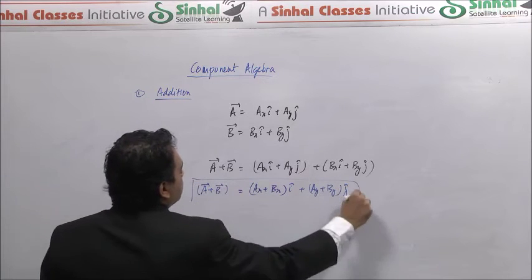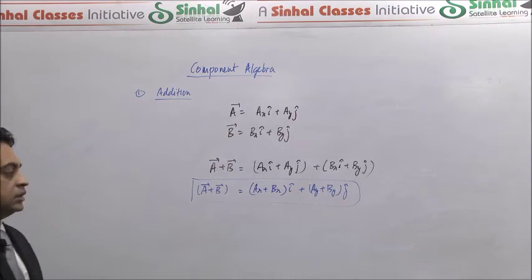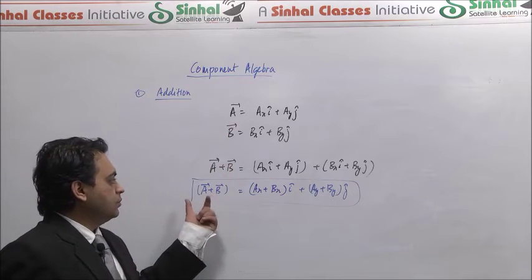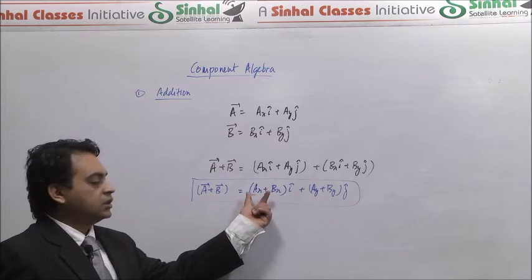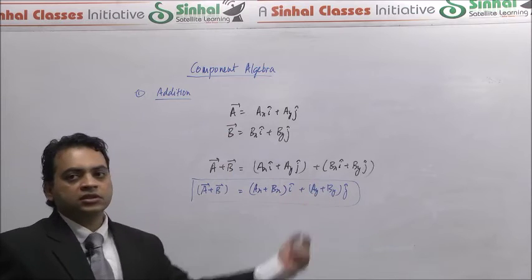So in other words, when we add up vectors, the x component of the sum becomes the sum of the x components. The y component of the sum becomes the sum of the y components.